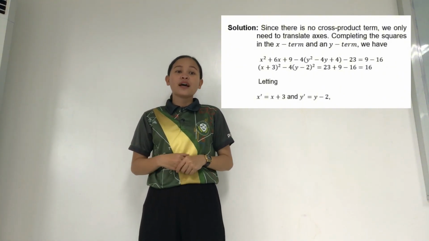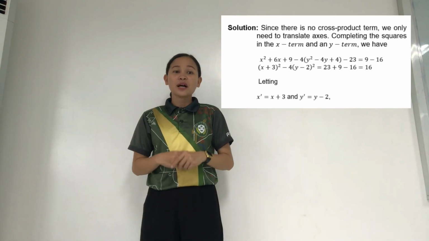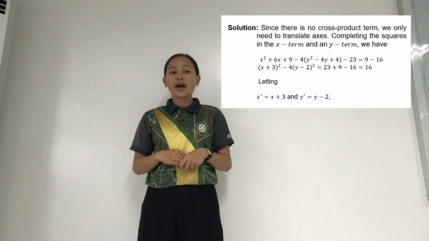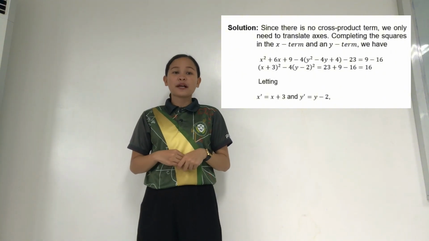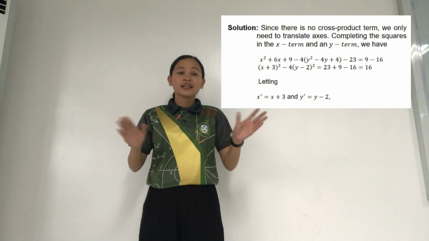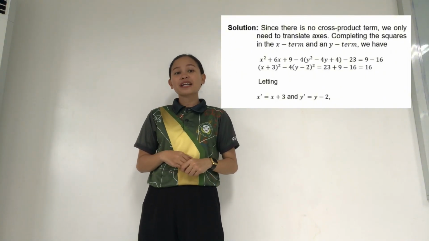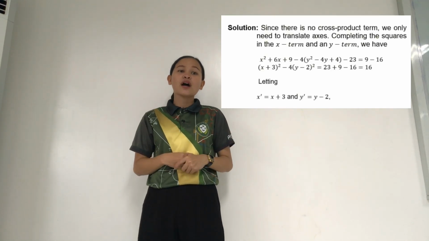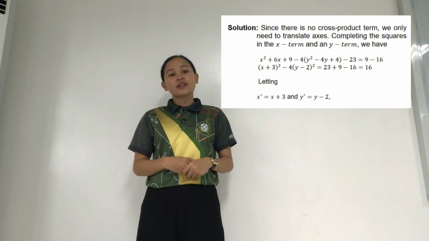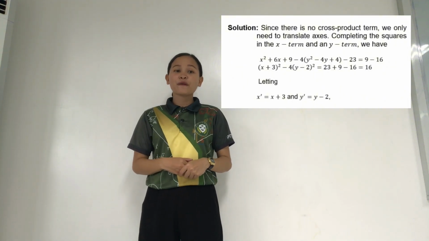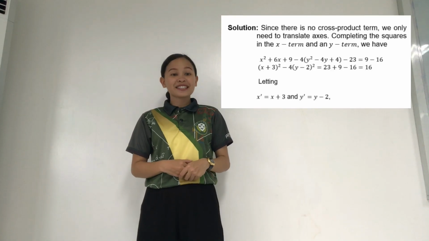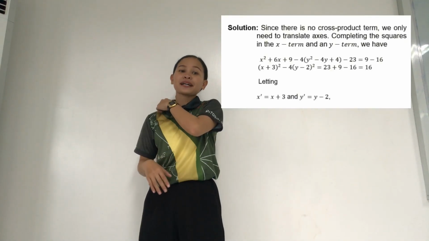So we have x squared plus 6x plus 9 minus 4 times y squared minus 4y plus 4, minus 23, is equal to 9 minus 16. Completing the square, we have x plus 3 squared minus 4 times y minus 2 squared is equal to 23 plus 9 minus 16.